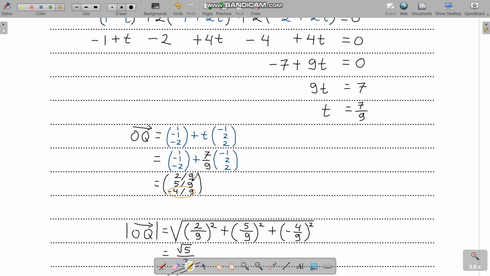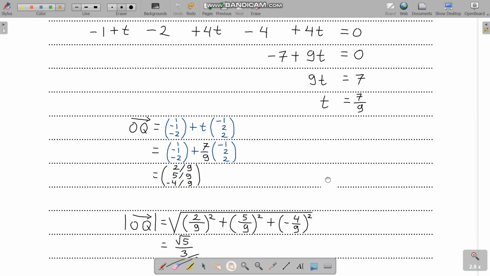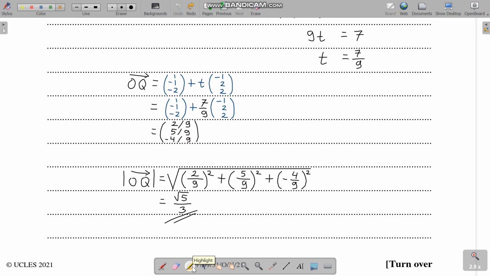So you should get these values. To find the magnitude, we use this formula: the square root of the sum of the squares of the components. So 2 over 9, 5 over 9, -4 over 9: we square everything, add, take the square root, and use the calculator, and we get what we need to prove.